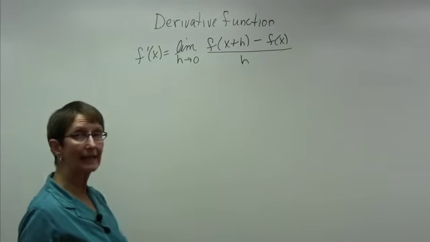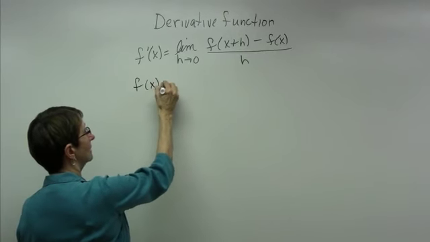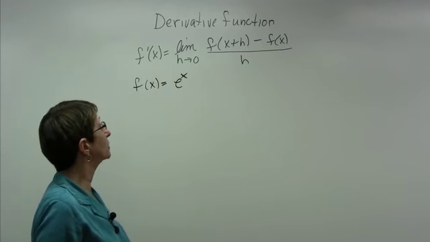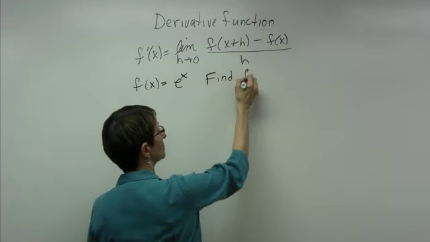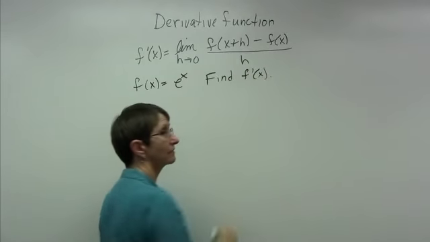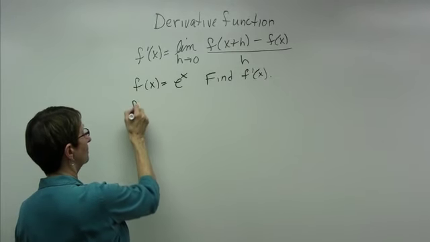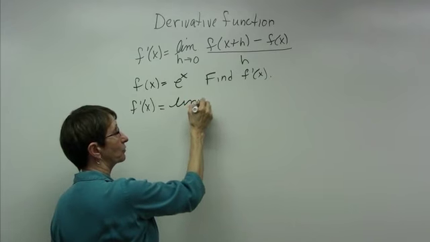So let's look at a function. Say we have f of x equal to e to the x, and we want to find the derivative using the definition. So we want to find f prime of x, just as a function. So f prime of x is equal to the limit as h approaches 0.